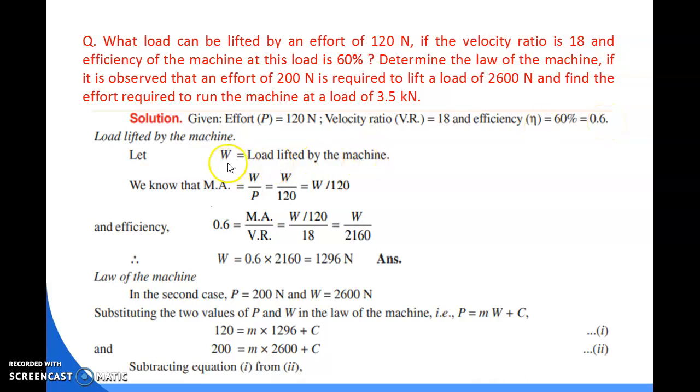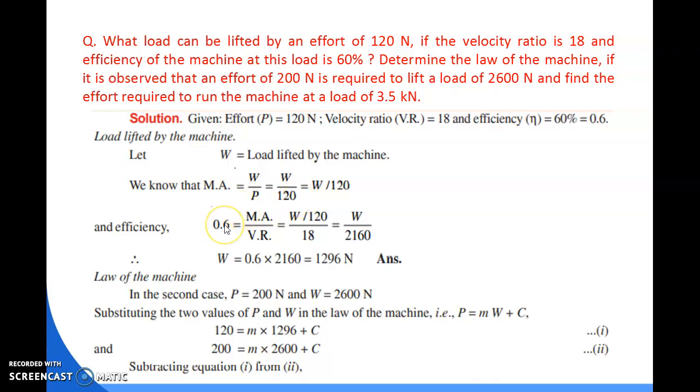Consider that W is the load lifted by the machine. According to case 1, the mechanical advantage is equal to, as we know, W by P. Here W is not given, but P is given. So W by 120 is the value of the mechanical advantage.